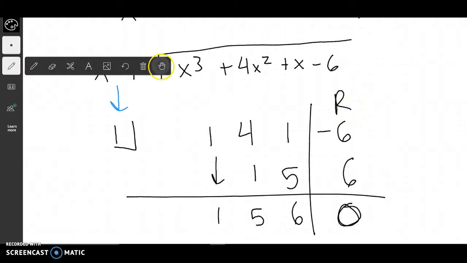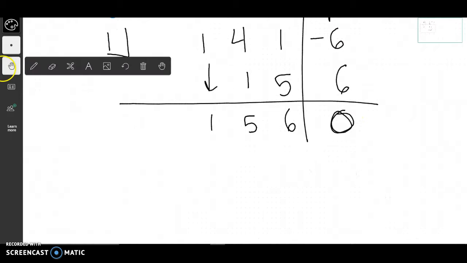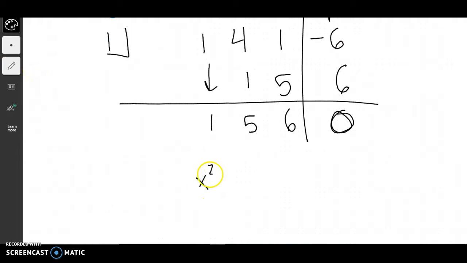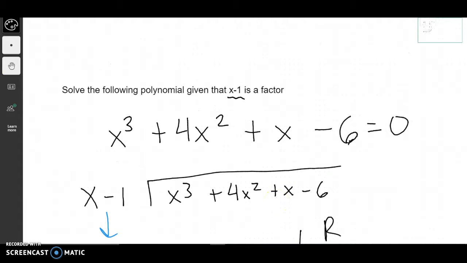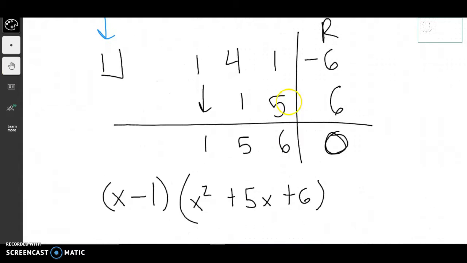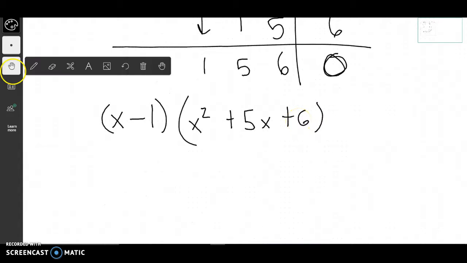Then we'll write down these terms, which would be x squared plus 5x plus 6. And out front should be what we originally divided the thing by. So that was a negative 1. Okay, again, that we put out front, and our answer we put in there.